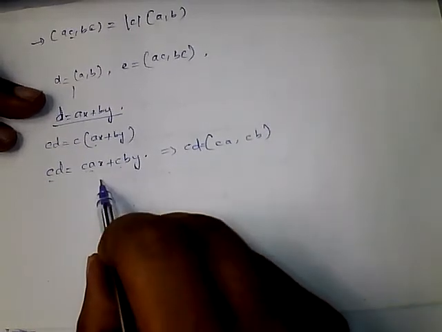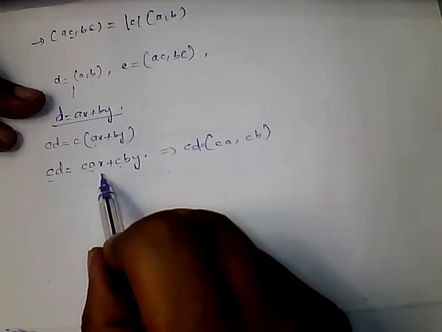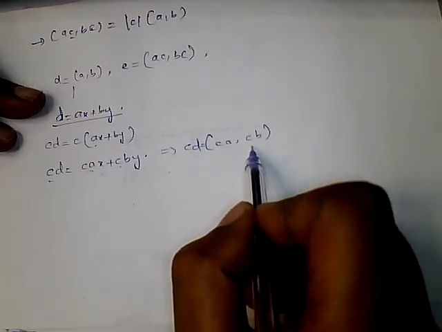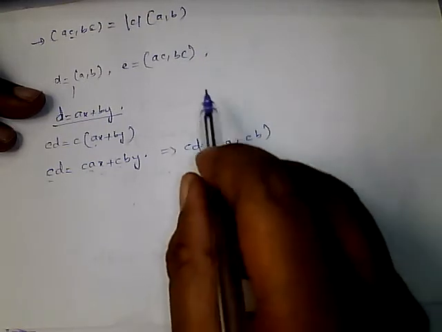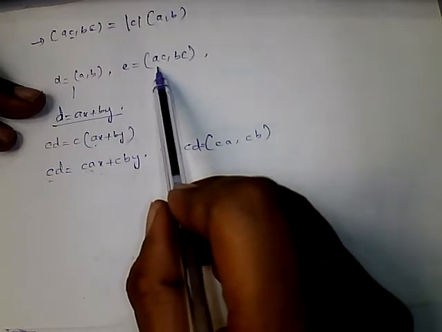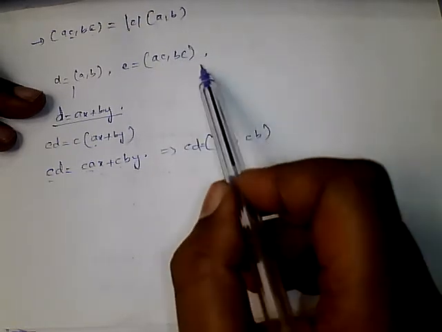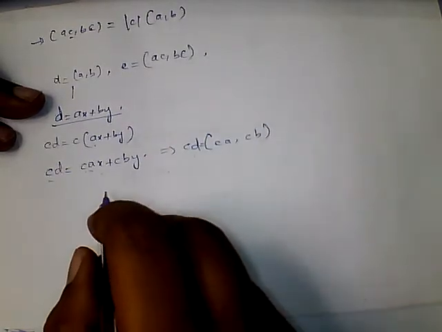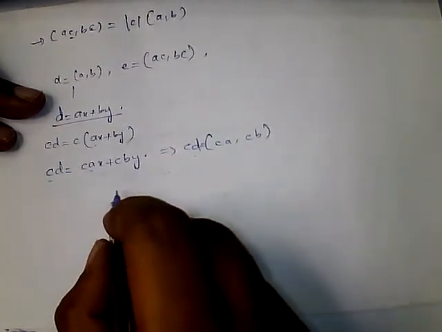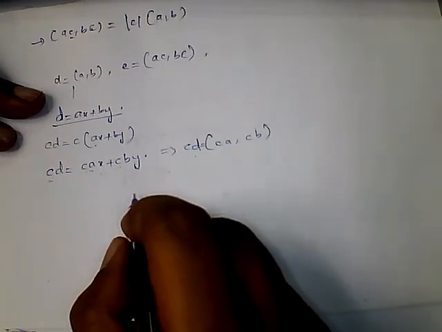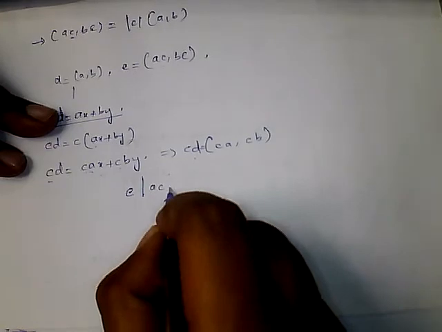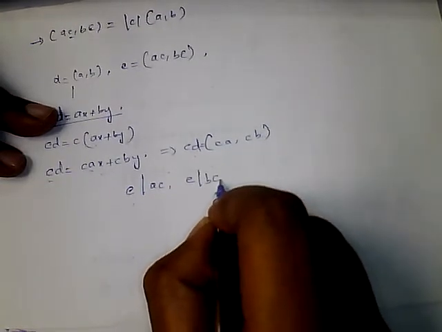Since it can be represented using the linear form, we got that cd is the GCD of ca and cb, and from here we know that ac and bc have the GCD that is e. So that implies e divides ac, e divides bc.